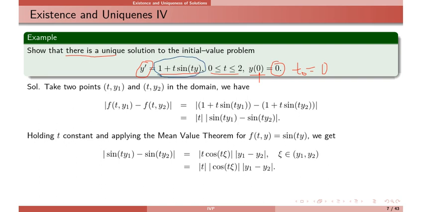So 1 is continuous, t is continuous, sine is continuous, ty is continuous, and the sum and product of continuous functions is also continuous. So f(t,y) is clearly continuous. So no need to check further, since it involves constants, t and sine. So f is continuous. Now we check Lipschitz. The first condition, continuity, is trivial. Second is Lipschitz.